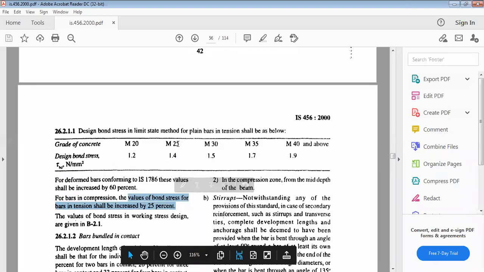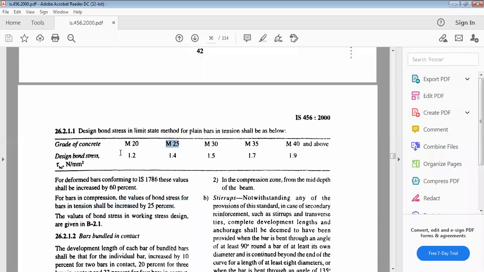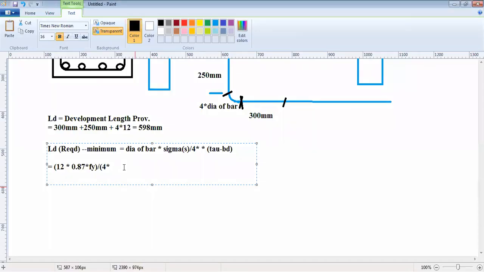Right now, because we have used M25 grade of concrete, the design bond stress would be 1.4 into 1.6, increasing by 60%. Thereby, how much is this value coming? Fy is 500.